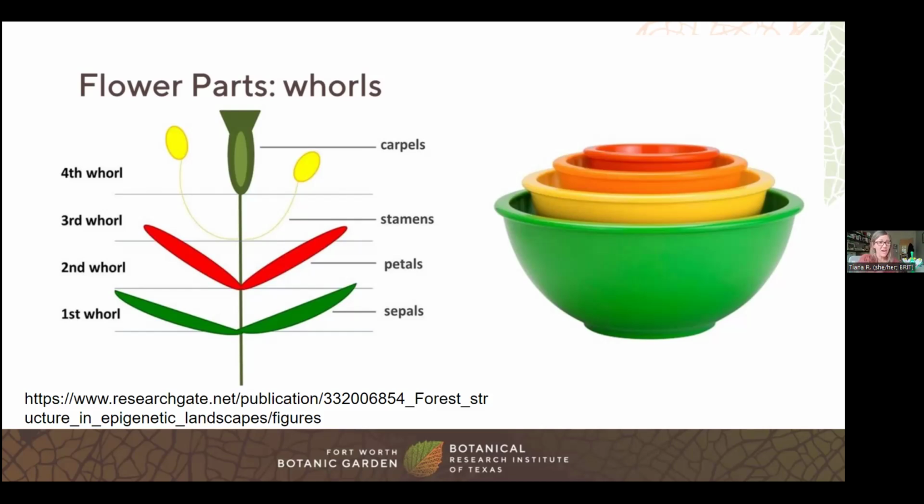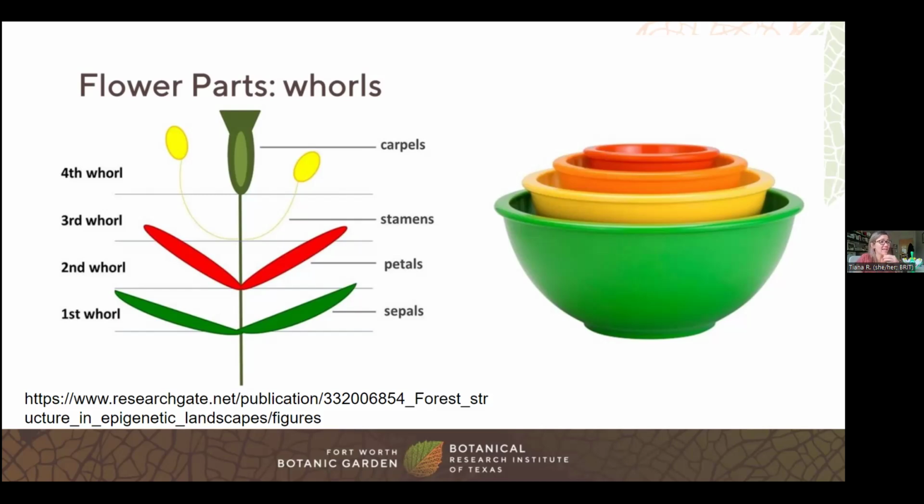Okay, so we've talked about the outermost whorl, which is the green bowl. We've talked about the next innermost, which is the yellow bowl, the petals, so the sepals and the petals. If we remove those from your flower, you're left with two whorls. You're left with the androecium, the stamens, the male part of the flower. That's your next whorl.